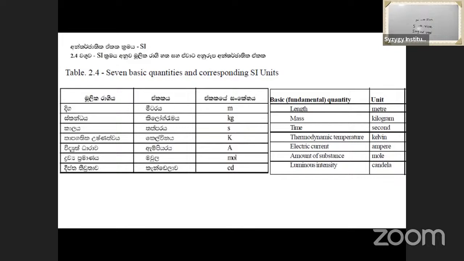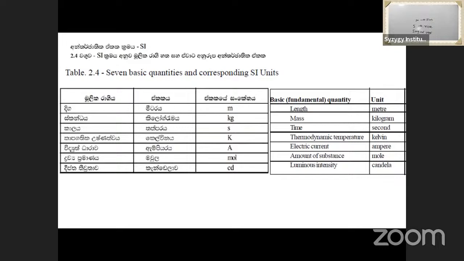We have to use the mole to measure amount of substance. And then, sometimes your mother asks you to switch on the light. Or otherwise, they are asking why you switched on this light. In our homes, mother sometimes asks you to switch on the light and switch off the light. Why?